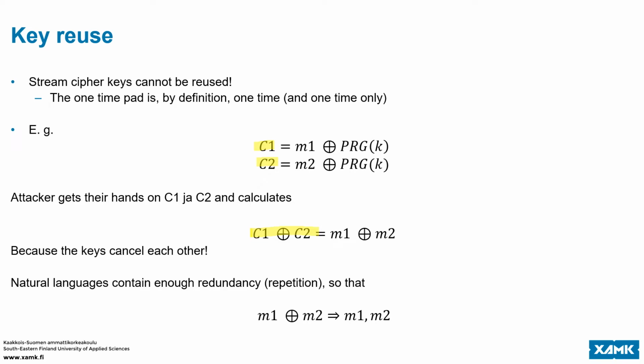He will find a result that's roughly the original message 1 XORed with the original message 2, because the keys cancel each other out.